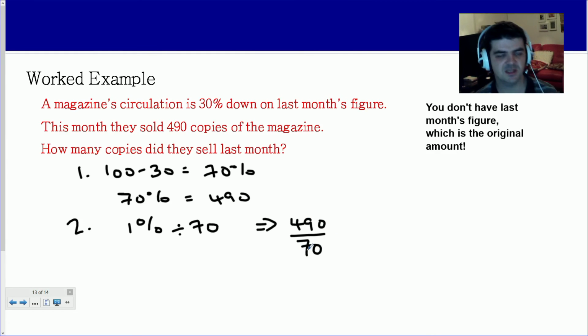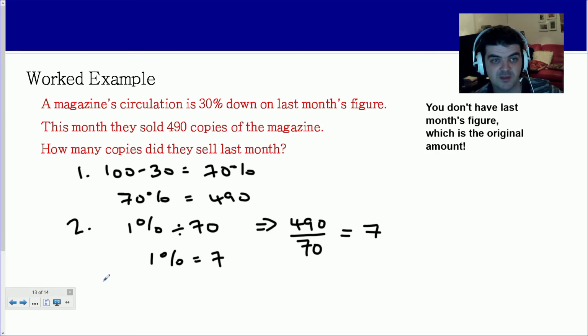Divide that by 70. If you want to think of it as 70 somethings cost £490, how would you find out what one something cost? Well, you would divide your 490 by the 70. And luckily for us, 490 goes into 70 a nice round 7 times. So we found out that 1% is 7, or 7 copies of the magazine.